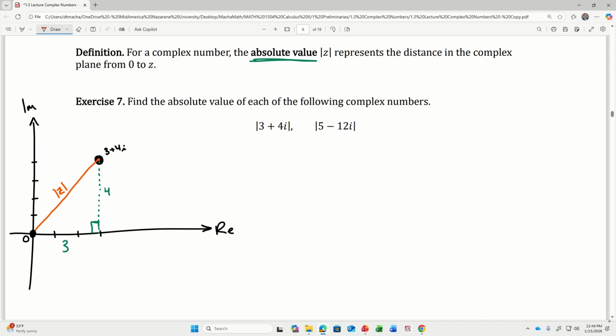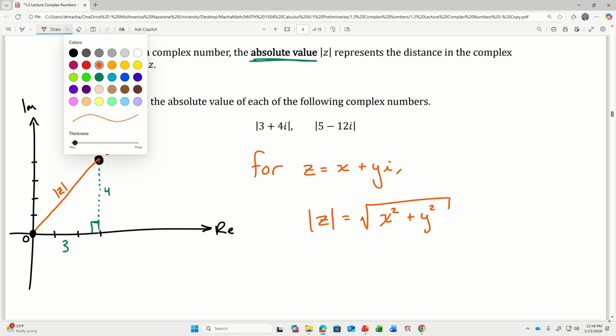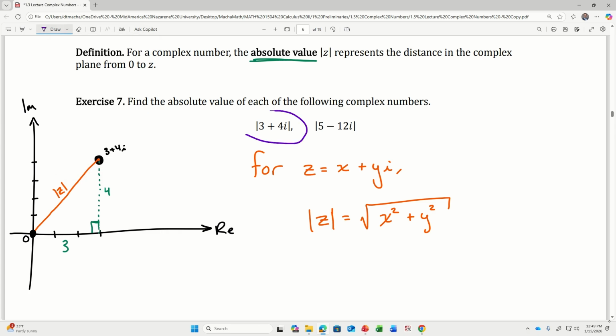So I could say that for z equals x plus yi, so the real part is x and the imaginary part is y, the absolute value of z is the square root of x squared plus y squared. And that means for this number, the absolute value is 5.